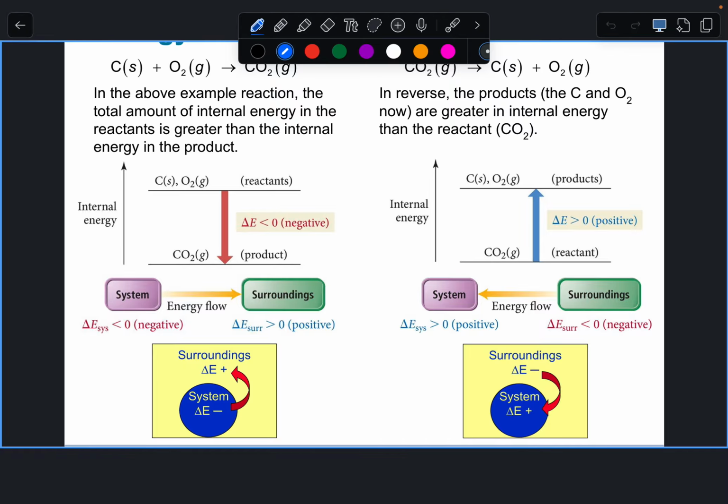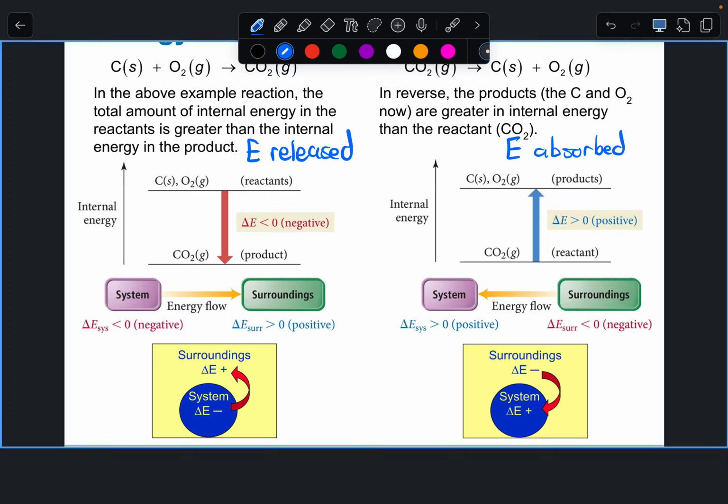The reason why they're doing this is because they want you to see a reaction where energy is released. So that's on the left-hand side. Energy released. And then they want you to see the same reaction but reversed so that you can see energy absorbed. Okay?